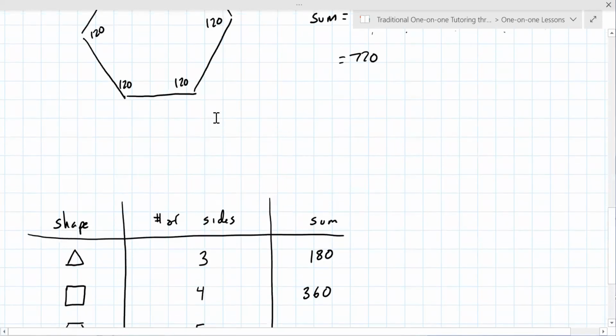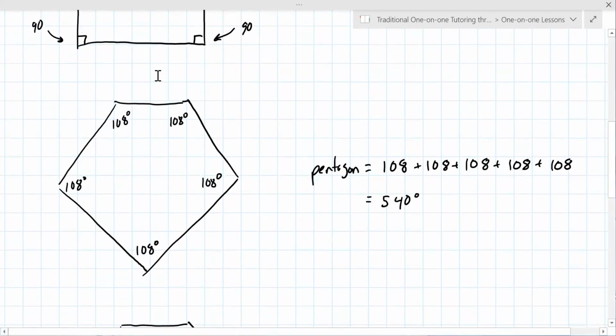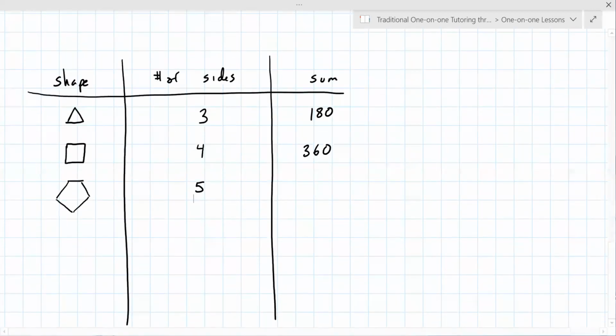Well, let's go back and look. What did these angles add up to? It's 540. Very good.